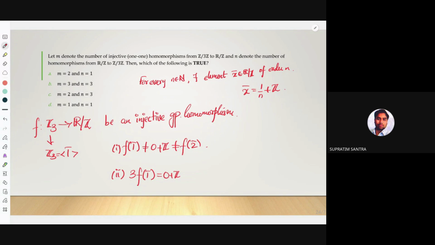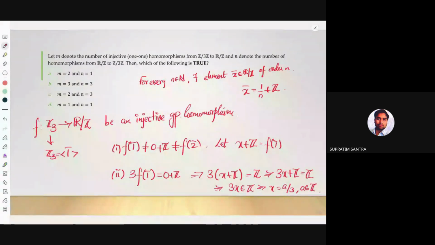So now let x plus Z be f of 1 bar. So now this implies 3 times x plus Z is equal to Z. So this is basically 3x plus Z equals Z. This is basically 3x is an integer. Right? So this means x is of the form a by 3, where a is an integer.